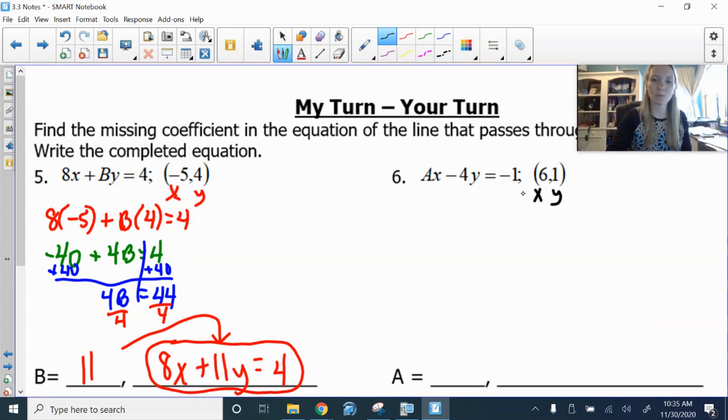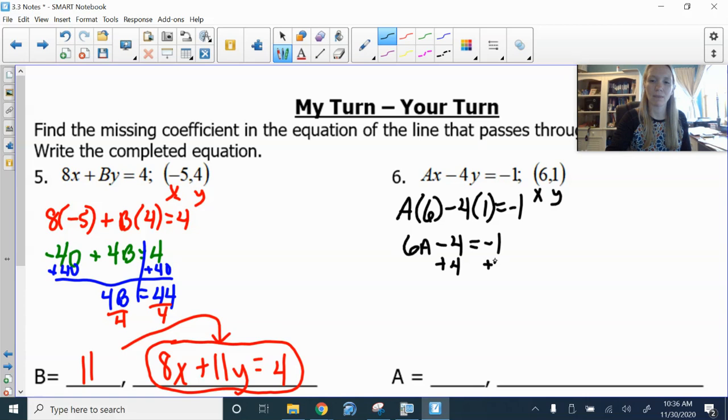So the last one here, ax minus 4y equals negative 1. So a, we don't know it. X we can see is 6, minus 4. The y value is 1, equals negative 1. So really that's saying 6a, 4 times 1 is 4, equals negative 1. I'll add my 4 over. Negative 1 plus 4 would make 3.